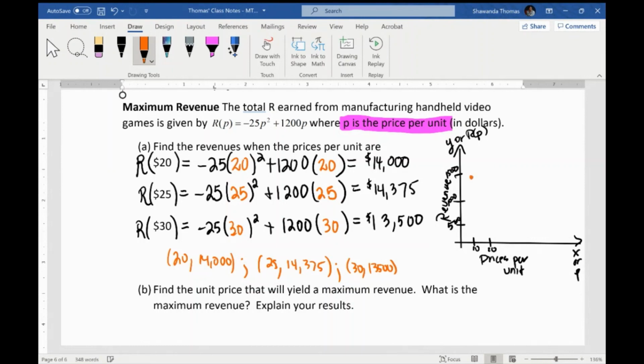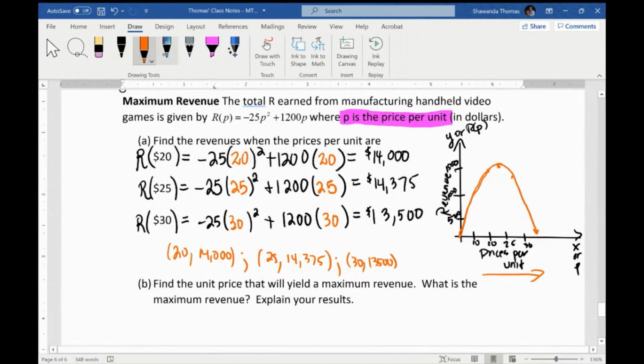So I'm going to just plot it real quick. 20, 14,000, a little bit below 15,000; 25, a little bit above that; 30. It's going to do something like this. All right. So eventually, if your prices go to be too extreme, then you're not going to make any revenue off of that. All right.